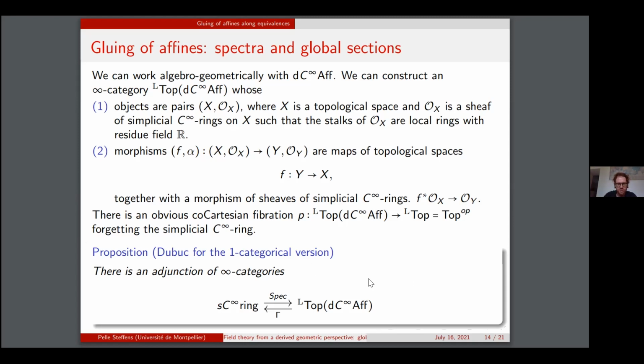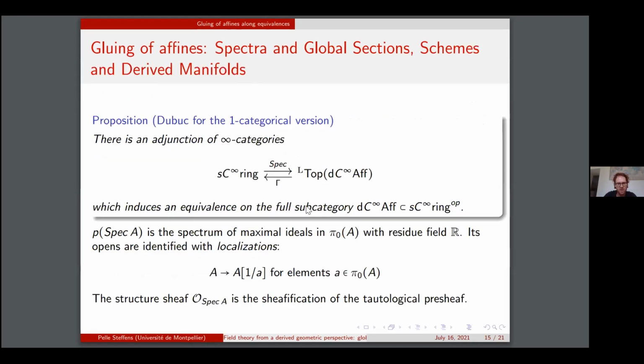So how do you relate these affine guys to these locally ringed spaces? Well, as in the algebraic version, there is a spectrum global sections adjunction, which turns out to be an equivalence on this category of derived C infinity affines.